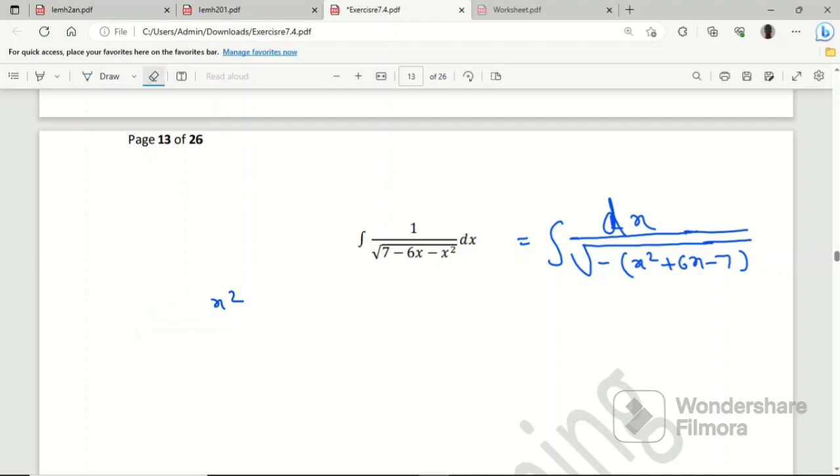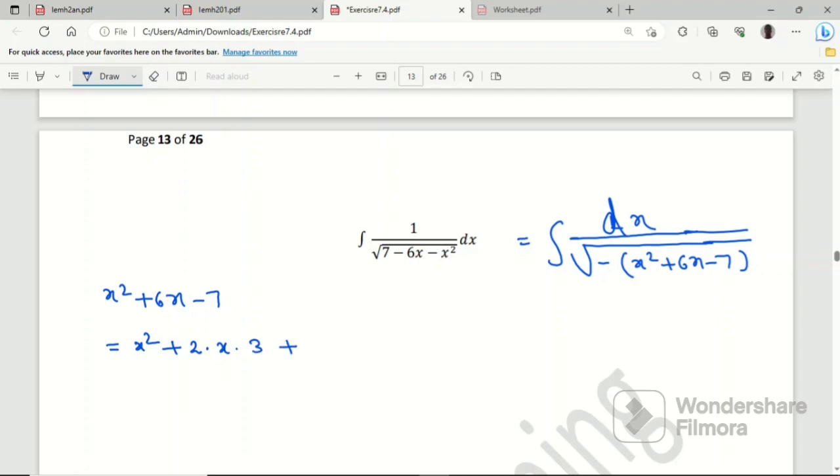So I have the quadratic equation x square plus 6x minus 7. So I can write x square plus 2 into, okay, 2 into what is a here? A is x, 2 into x. I need b as 3. So it will give me output as 6x. But I need b square also.